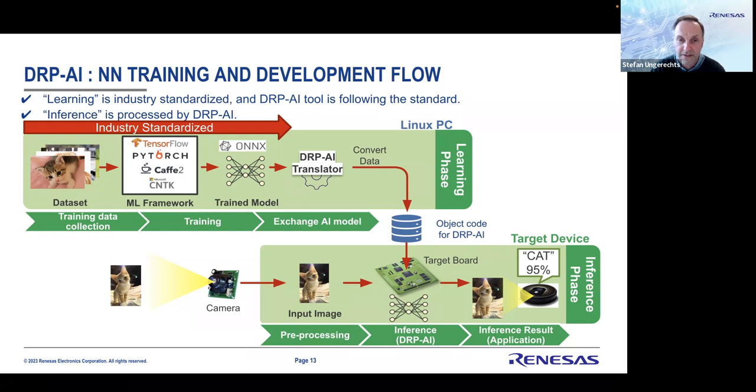This is quite newly released. This allows us to, let's say, process the neural network on the DRP-AI in some kind of hybrid mode, where also the CPU is involved. At the end, the flow is the same. So it's simply, we need a translator from a pre-trained neural network.